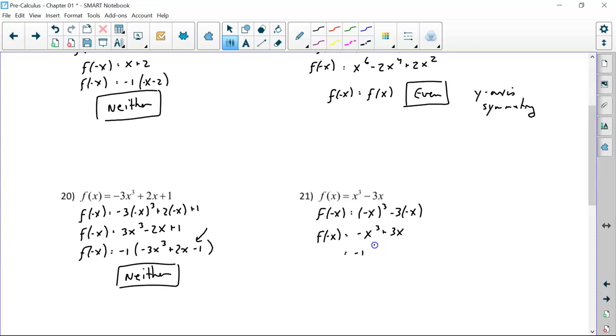So we factor out the negative 1, we get a positive x cubed minus 3x in parentheses, and that is exactly what we had for f of x. So f of negative x equals negative 1 times f of x. And because of that, it's an odd function. And because it's an odd function, it has origin symmetry.